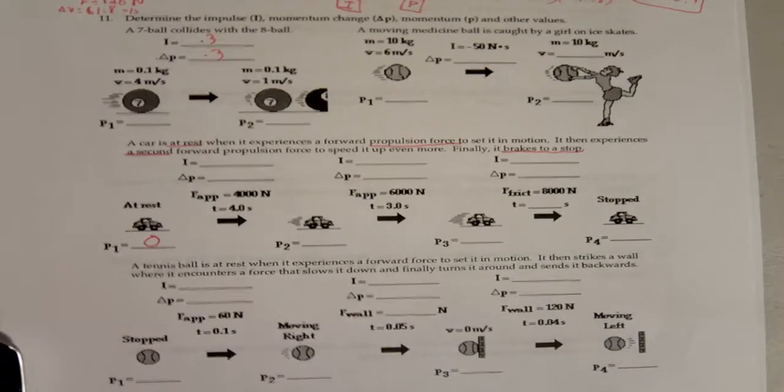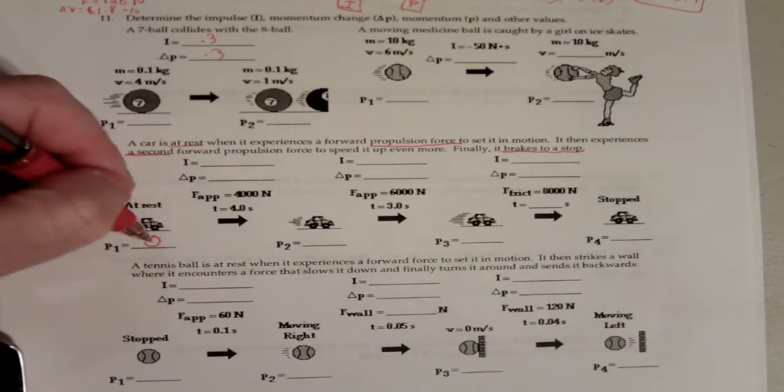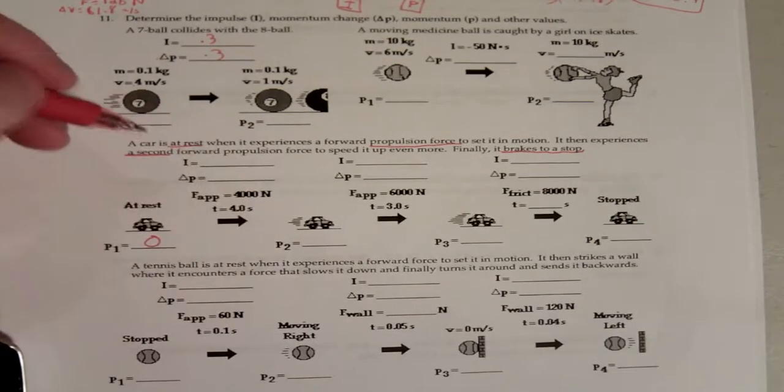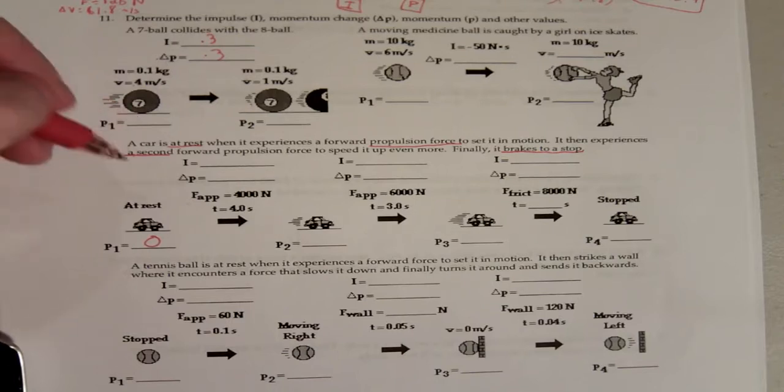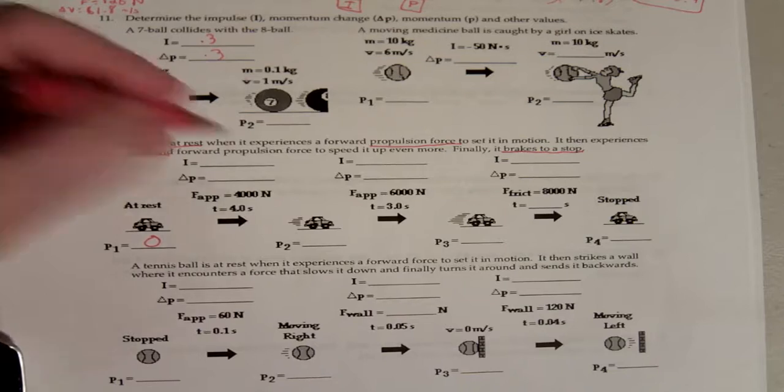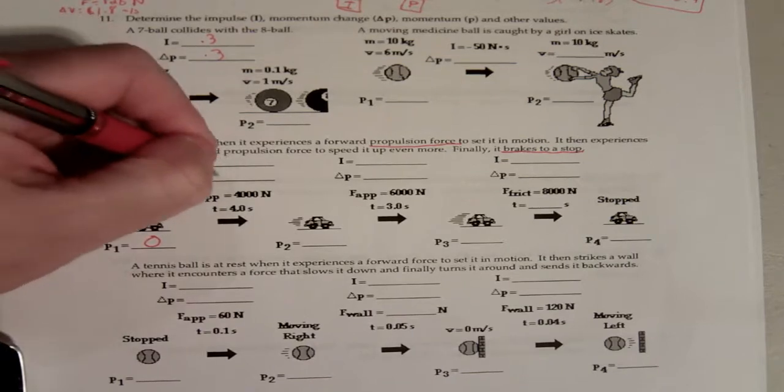All right. So then it receives that force, a 4,000 Newton force over 4 seconds, which means its change in momentum, from 0 to 16,000, is 16,000.